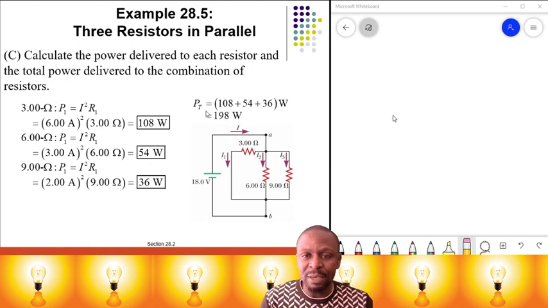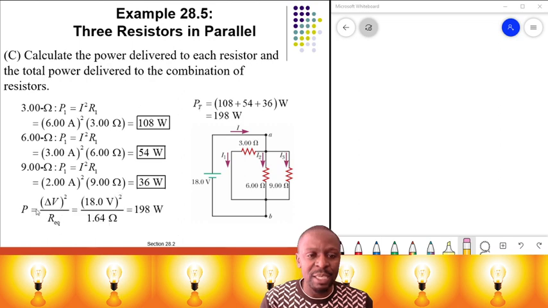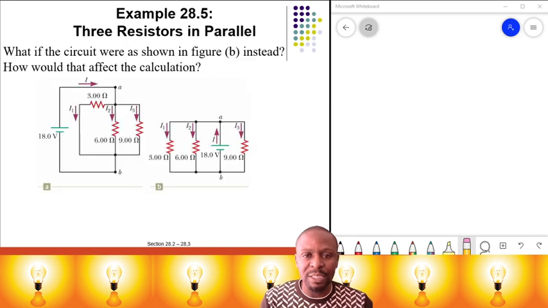Therefore this is what you are going to have, or else you can just get this power by using the equation that we have derived in the previous chapter, that is change in V squared divided by R equivalent, which is just the same as the total power that we are adding as algebraic sums. So that's how you solve this problem.